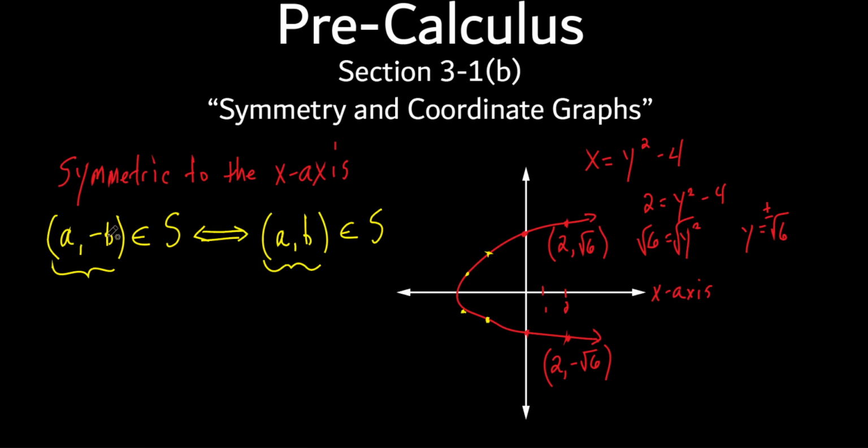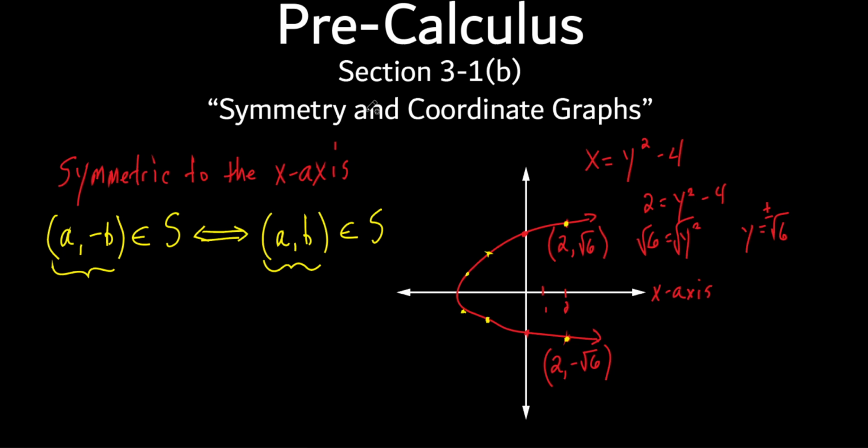So, if it's symmetric to the x-axis, what we're looking at is a point here and a point right across from it. If the one point is positive, positive, and the other point is positive what? Negative, then it's what? Symmetric to the x-axis.